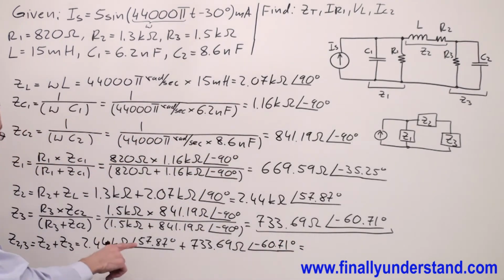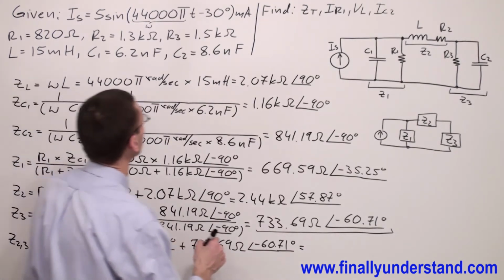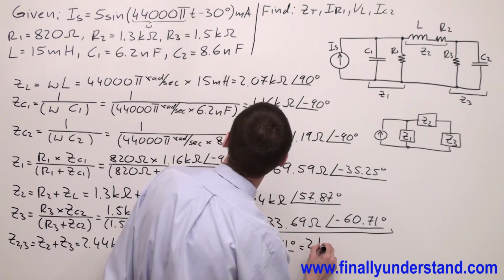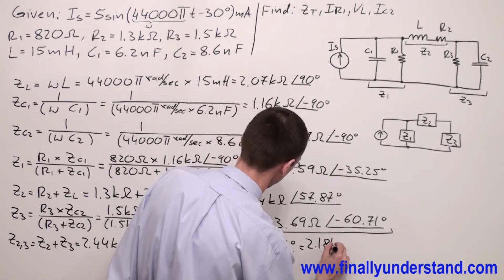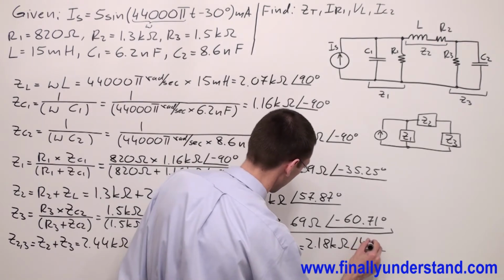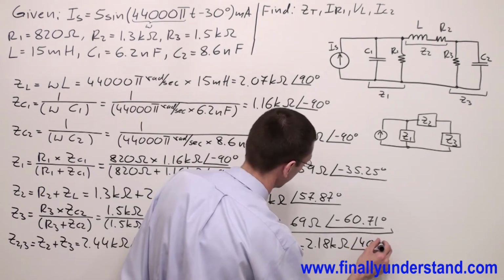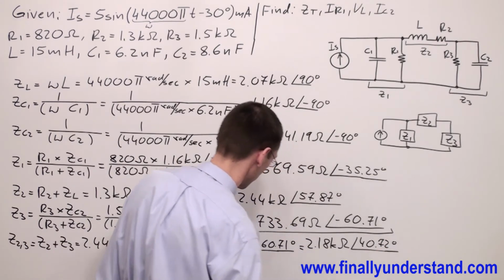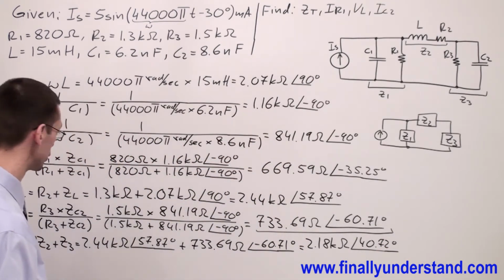Okay, at the map you're supposed to get the value 2.18 kiloohms and angle of 40.72 degrees. Okay, so we found Z23.